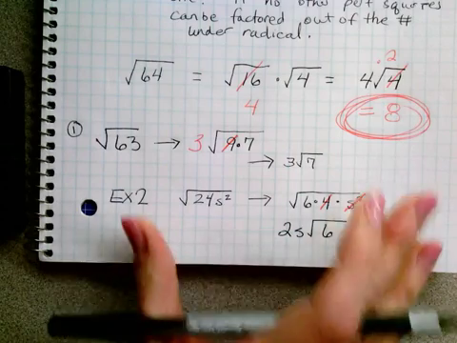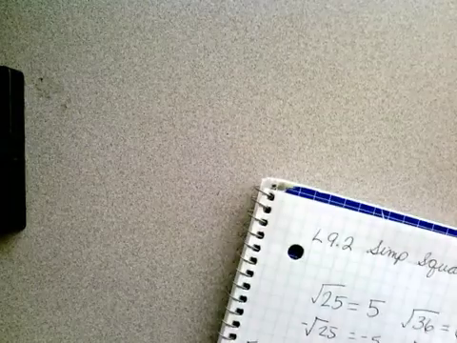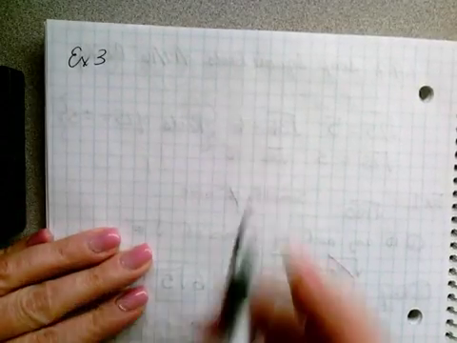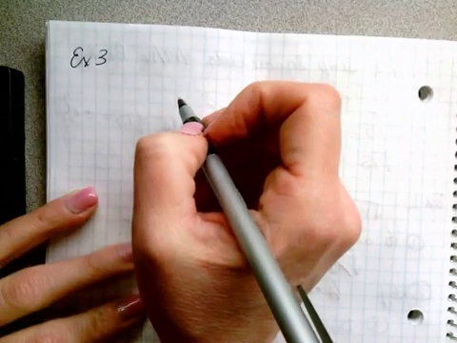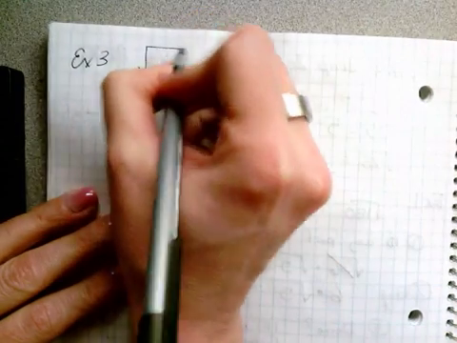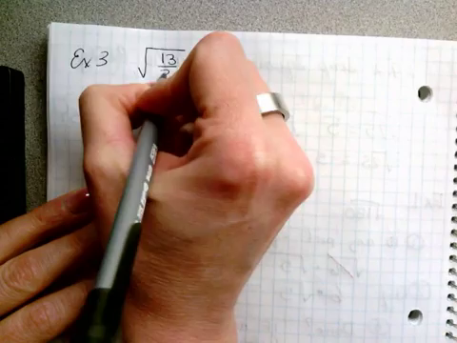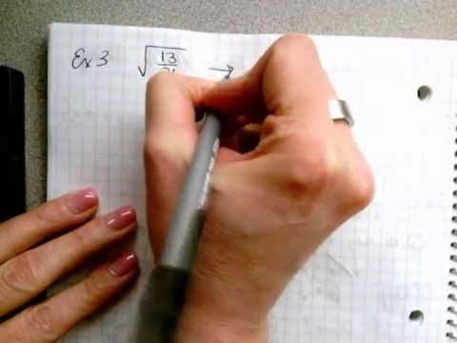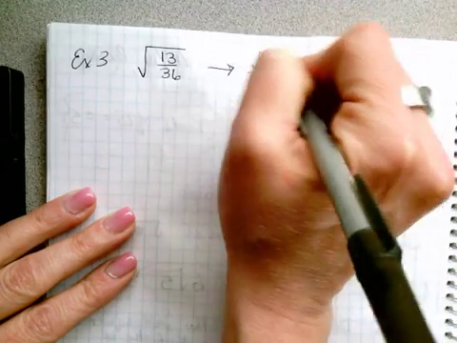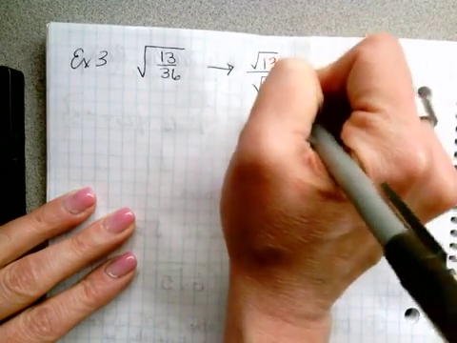Even in division, all of these same rules hold. This is example 3. In division, the same exact rules hold. Example 3, they give you radical 13 over 36. First thing I want to encourage you to do, break it into the square root over the square root.